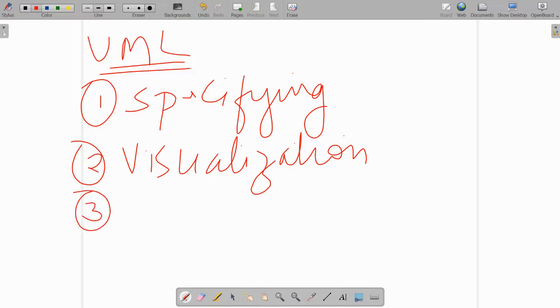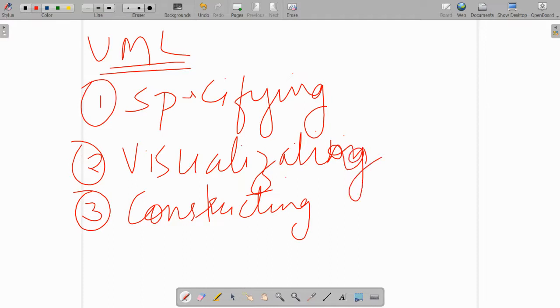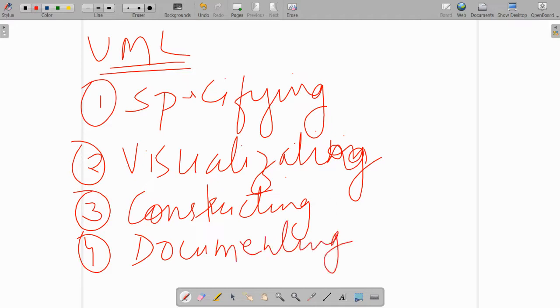So it is a standard language for specifying, visualizing, constructing, and documenting the artifacts of a software system.